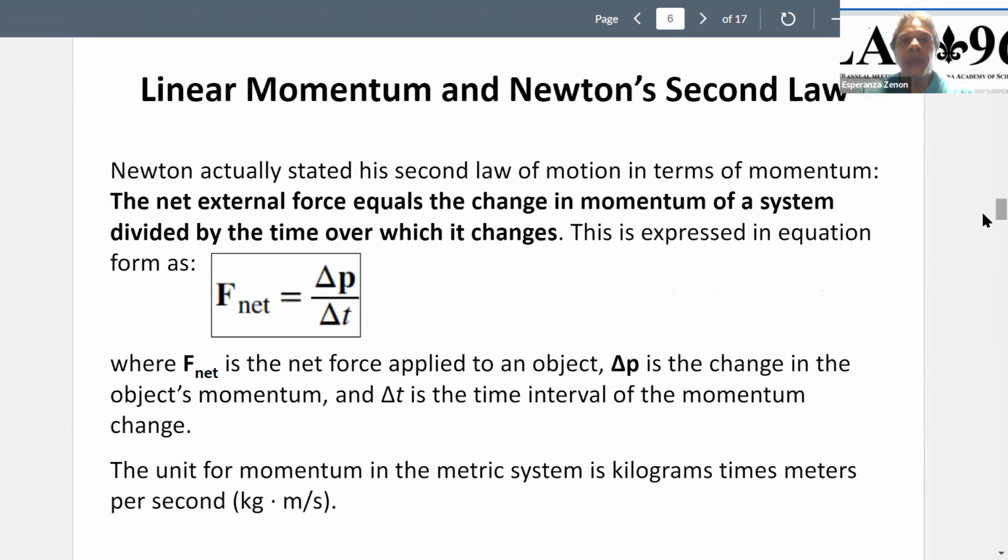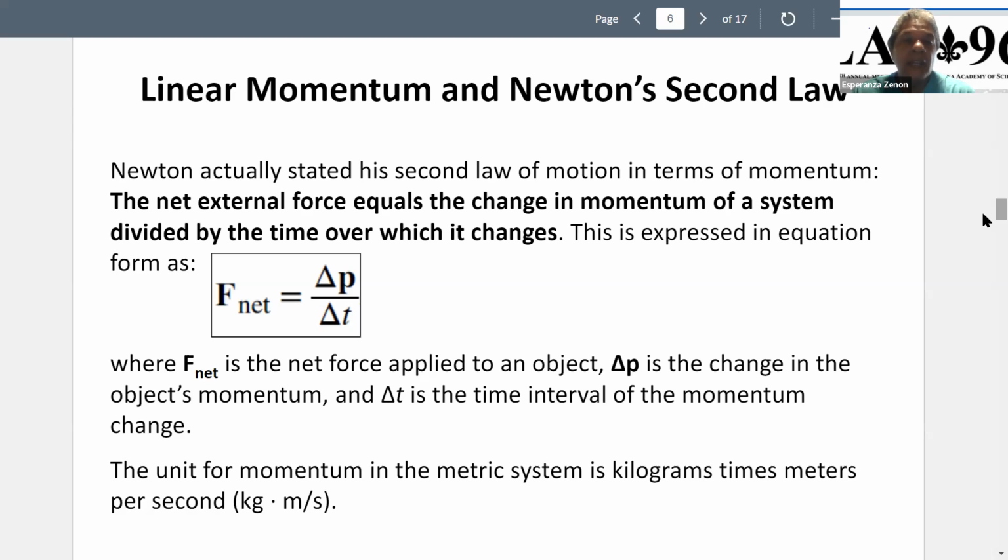There is a connection between linear momentum and Newton's second law. We can rewrite Newton's second law using linear momentum, and what you see in the box is how we can express it. Remember, we learned a long time ago that the triangle-looking symbol, delta, means change. So the change in momentum divided by the change in time is equal to the net force.